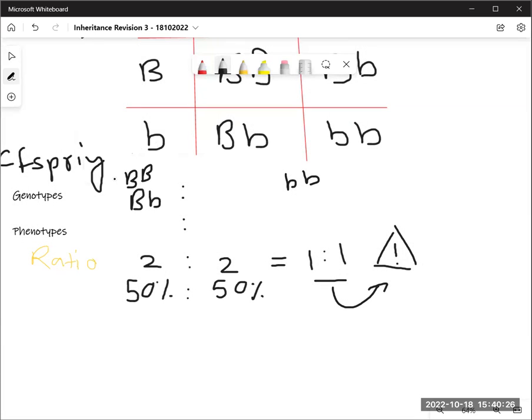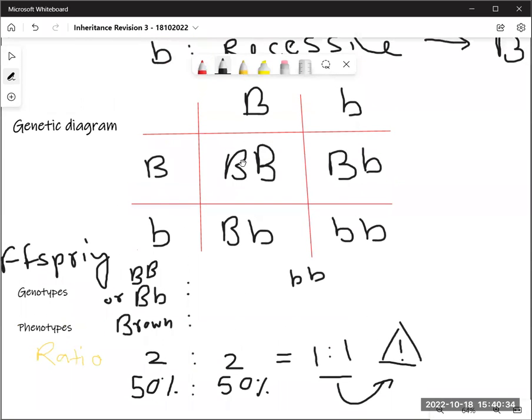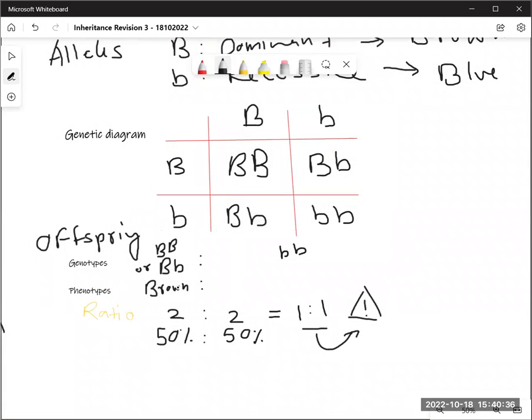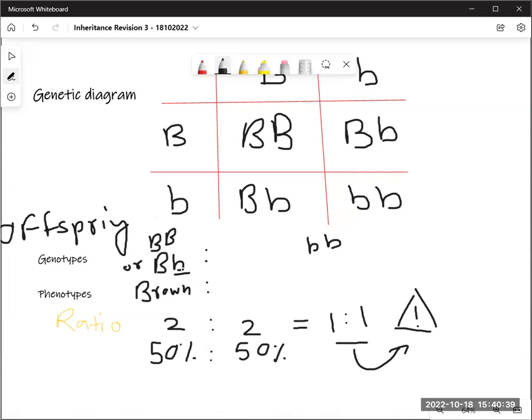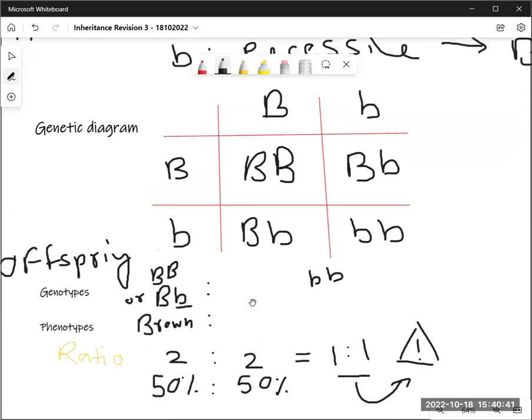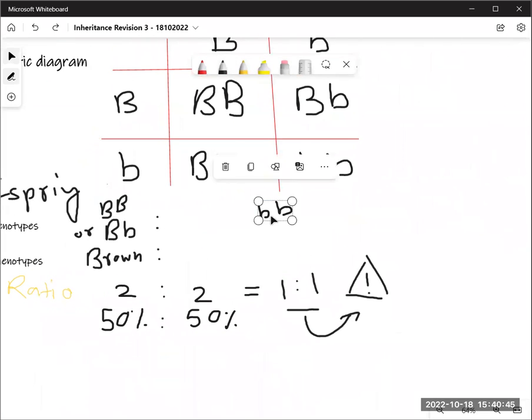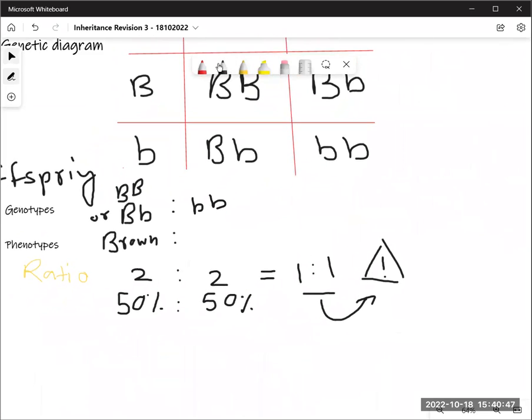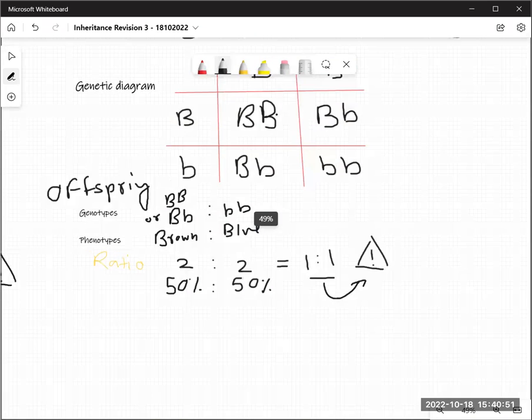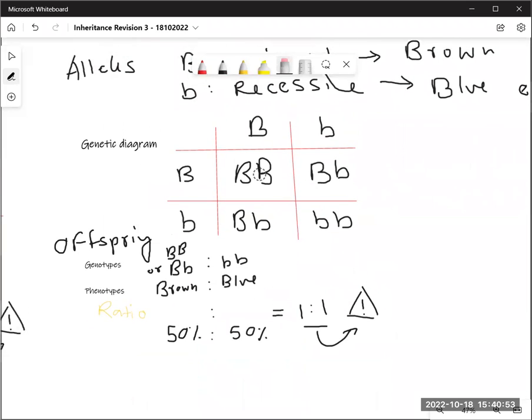They both mean the same thing, and they both will give us brown eyes. Why? Because capital B is dominant. So if you have small b there, it doesn't make a difference because capital B is given preference. So they are brown. But when both small and small are present, there's no dominant present, then it will give you blue.